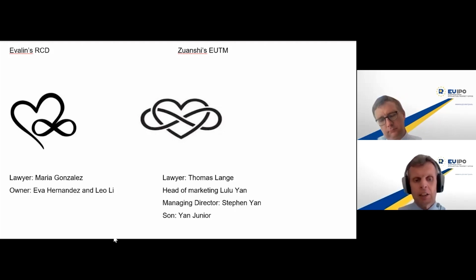this trademark covers jewelry and precious metals in class 14.